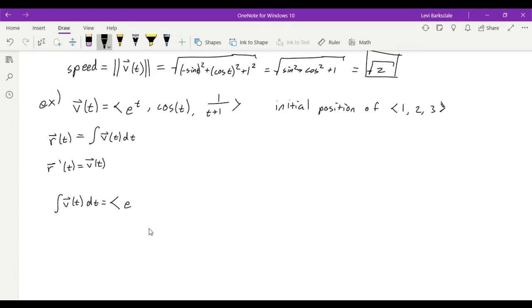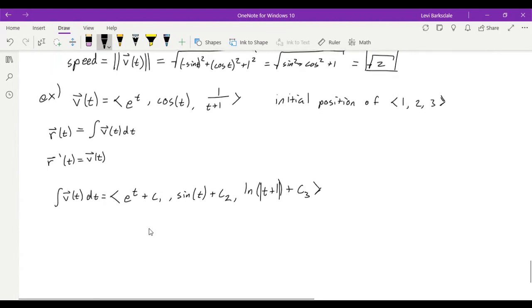The integral of e to the t is again e to the t. We have to add our first constant. The integral of cosine is sine of t, plus a second constant. And lastly, we get natural log of t plus 1 plus a third constant. And I suppose that there would be absolute value bars in here. But it's not super important.